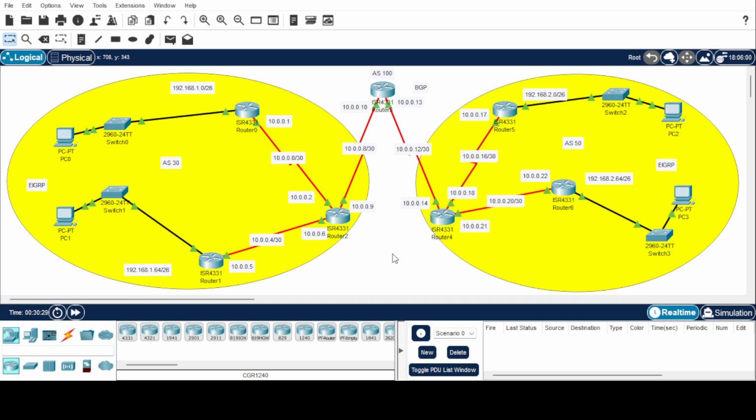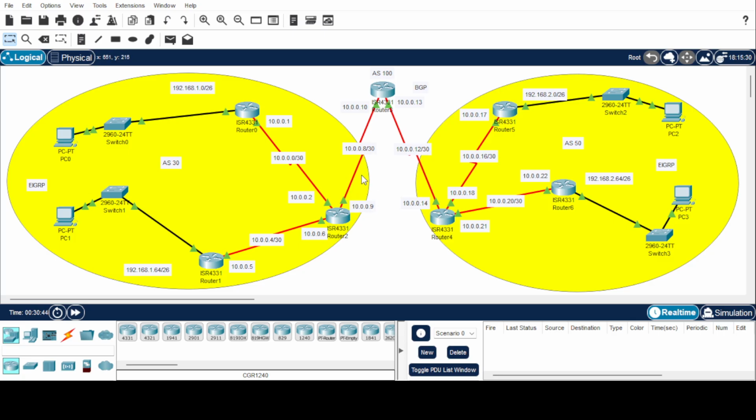The lower the link cost, the higher the chances for the link to be the successor, or you can say the best path.